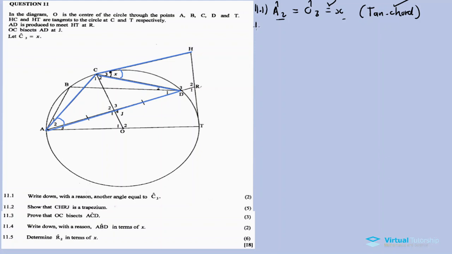And then we go to 11.2. As I was highlighting here, whenever you read a question, just make sure you highlight. You can have a highlighter during an exam or a test, and then you highlight: O is the center, highlight that, and HC and HT are tangents, highlight that, as well as the statement.